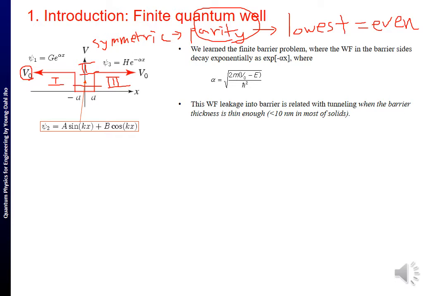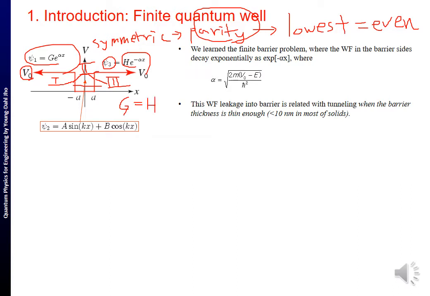So in this case we will have a cosine function for the lowest energy state, and in region 3 and region 1 the wave function is an exponentially decaying function. Previously we calculated the wave function in region 3 to be h e to the minus alpha x, in region 1 g e to the alpha x, and here g and h were set to be the same.